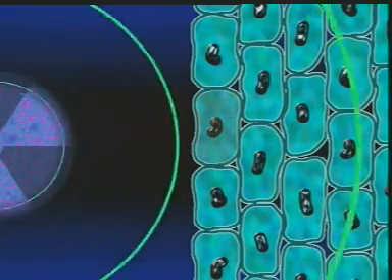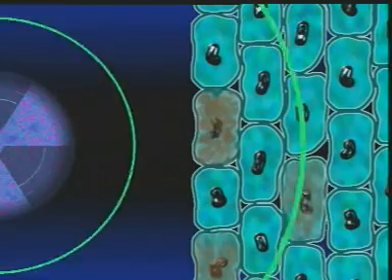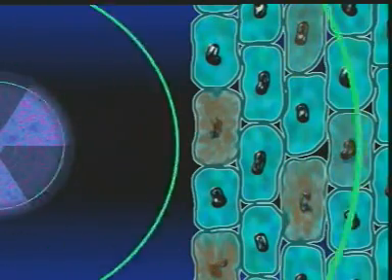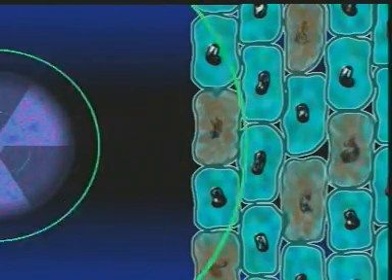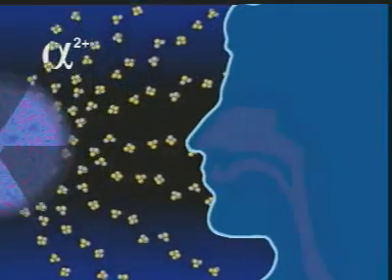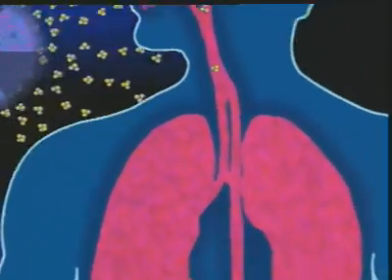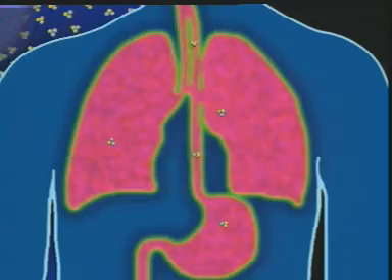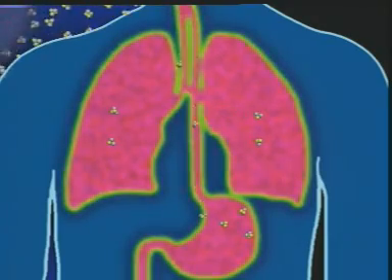Ionizing radiation is a potential hazard because the removal of electrons from atoms can kill living cells or alter the way they function. Alpha particles are highly ionizing. However, since they can't penetrate the outer, dead layer of skin, they only pose a threat if taken into the body.